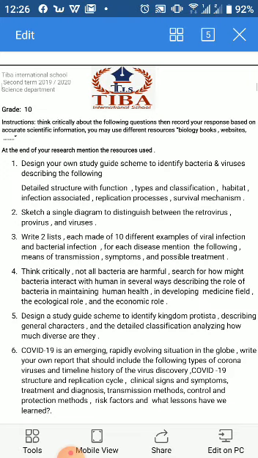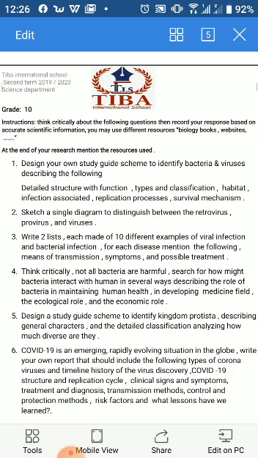Okay, let's read the questions. 1. Design your own study guide scheme to identify bacteria and virus, describing the following. Study guide scheme means a summary, or a diagram which includes all details, like the summary I used to do for you at the end of each chapter.